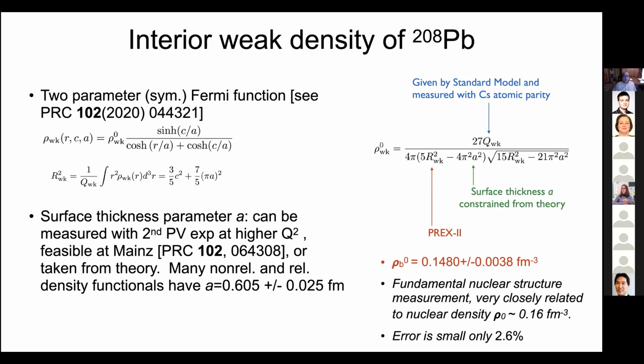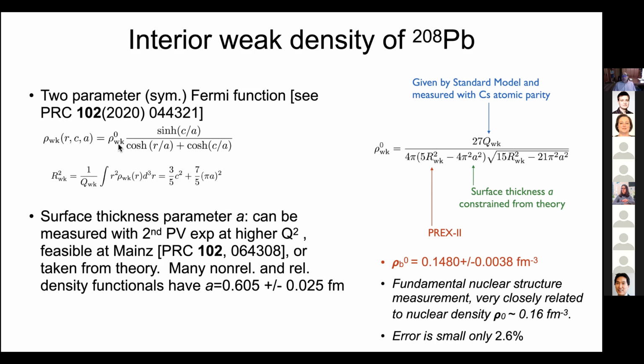So we want to determine the average interior density of lead-208. To determine the average density, our procedure is to fit a simple two-parameter Fermi function to the weak charge density of lead, and then use that Fermi function to determine the average interior density.